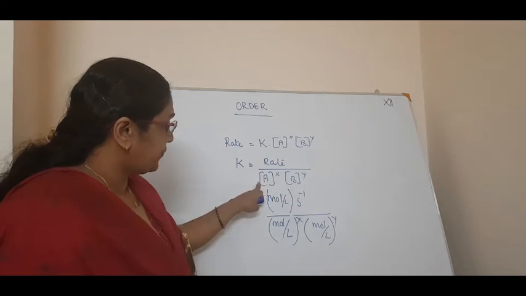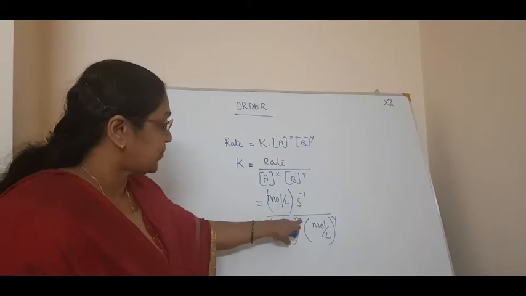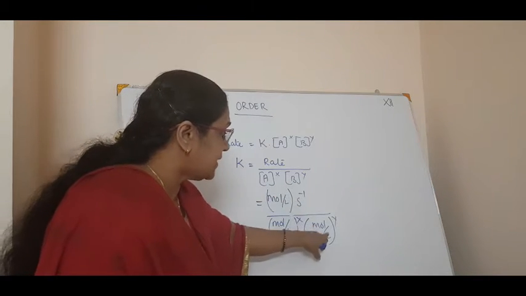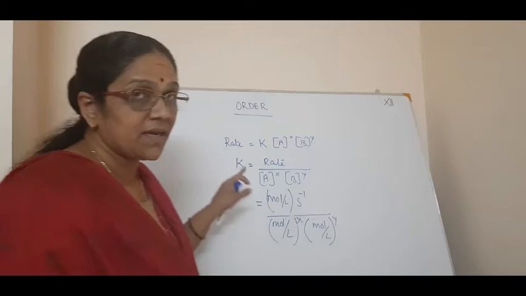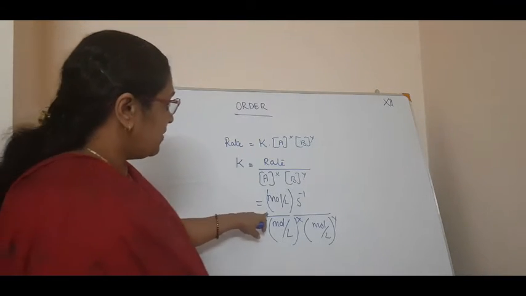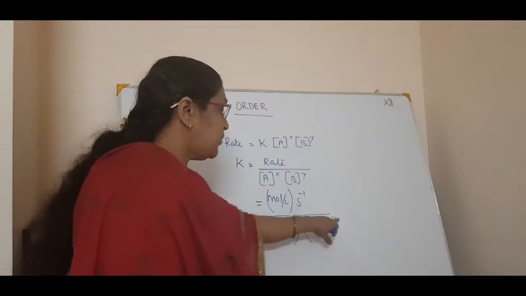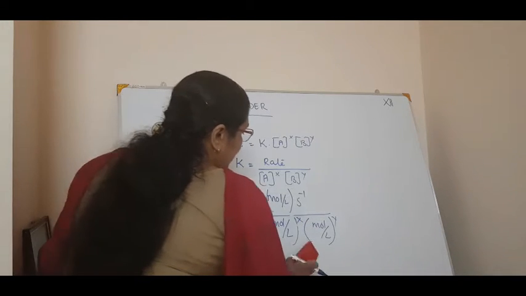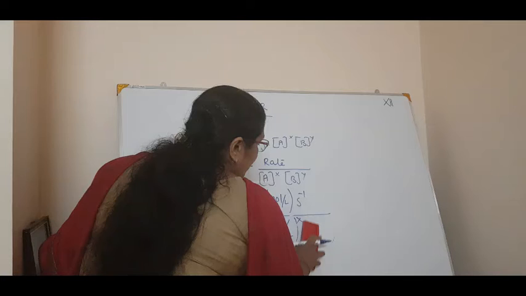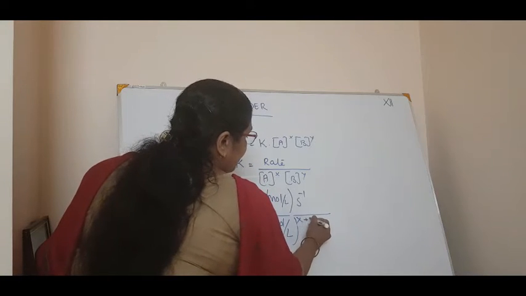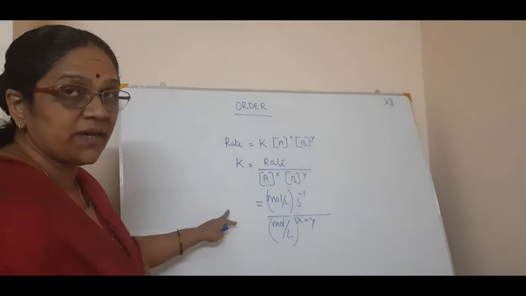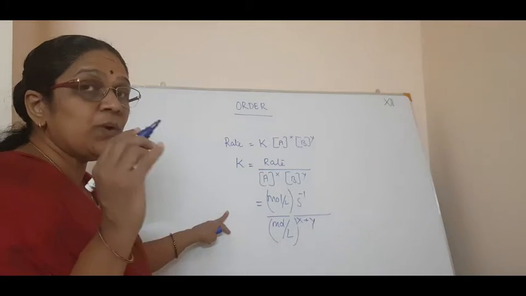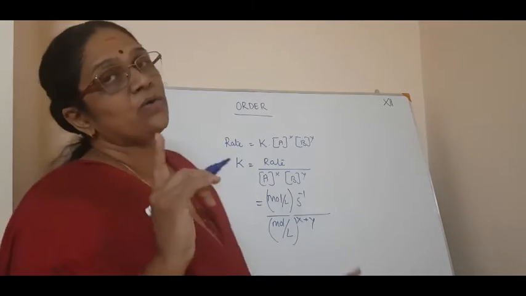The concentration of A is mole per liter raised to X, and the concentration of B is mole per liter raised to Y. Is it clear? Now, what we will do is add the powers, that is X plus Y. And what is X plus Y, by the way? It is equal to N, the overall order of the reaction.